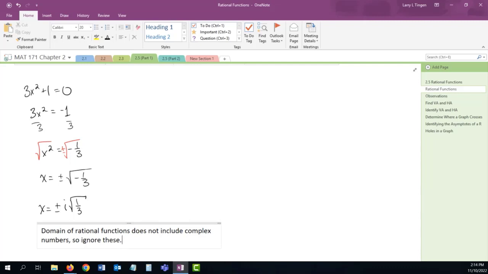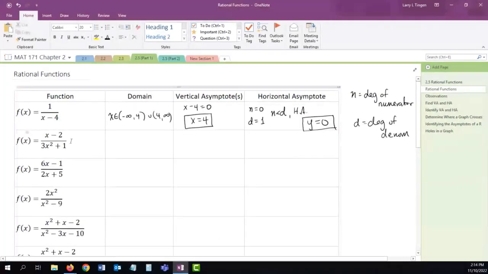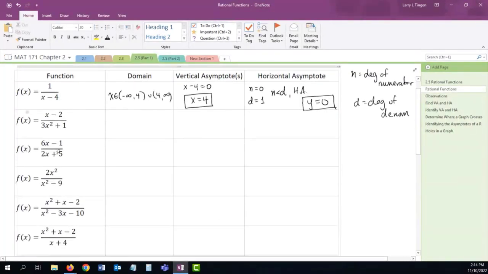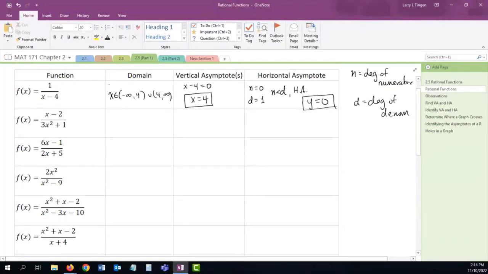But when you get here and say, okay, that is what caused the denominator to be 0, make sure you know that just because that is the answer here, it doesn't mean you have to remove it. That's not part of the domain anyway. So if you do your domain steps and you find that zeros are all complex, the domain is all real numbers. All right. Vertical asymptote. What made the denominator 0? Nothing.